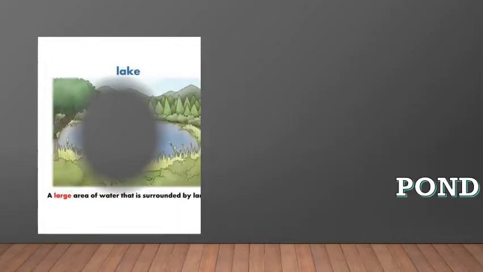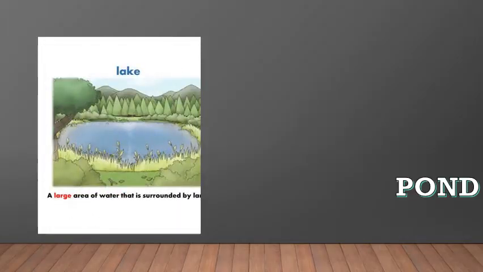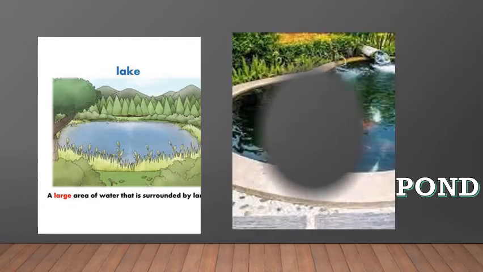Rain or water from underground, springs and rivers fills the hole until it becomes a lake or a pond. A lake is usually bigger than a pond. Remember, a lake is a large area of water that is surrounded by land.